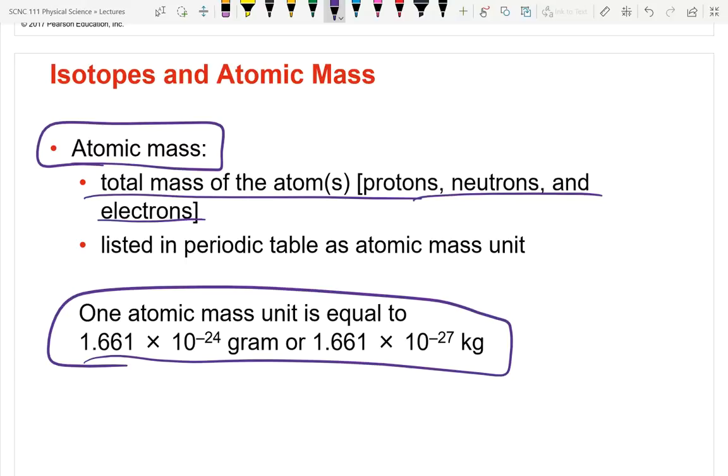So since I'm talking about elemental iron, we can look at iron here, and we see that it has an atomic mass of 55.845 atomic mass units. If you multiply this number by that 1.661 times 10 to the minus 27 kilograms, that tells you the mass of one atom of iron in kilograms. But this isn't an integer.